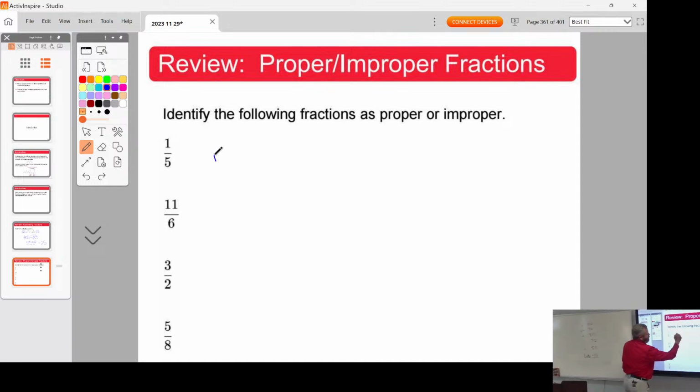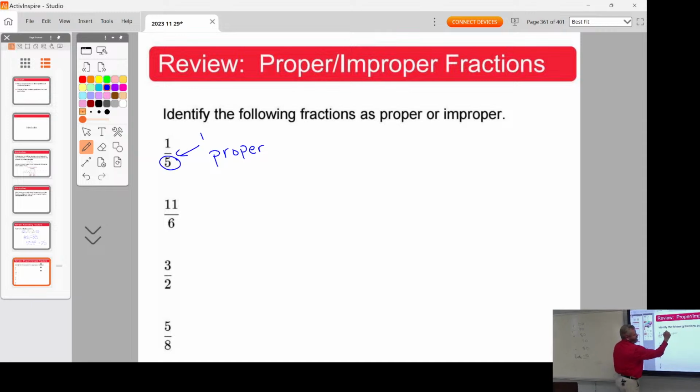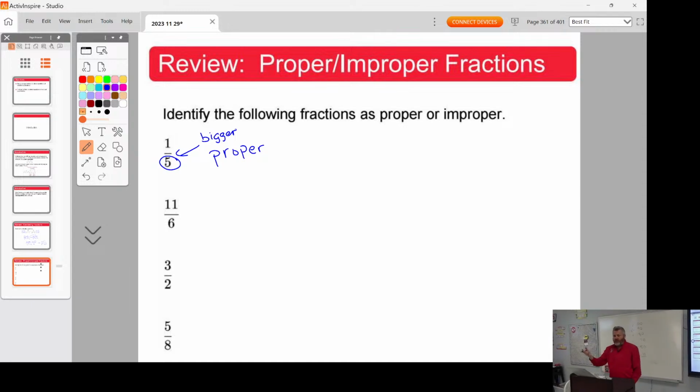Why? Because it's less than a whole. It's proper because this number is the bigger number, right? If the bottom number is bigger than the top, that makes it proper, right?